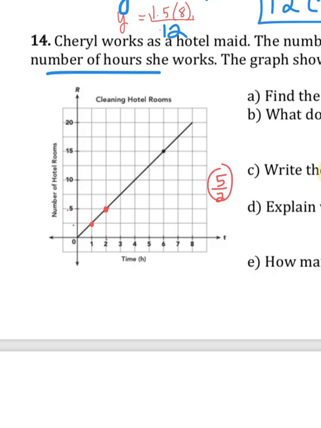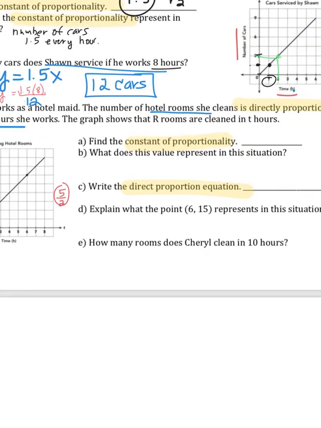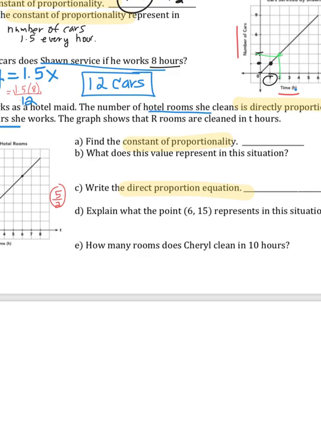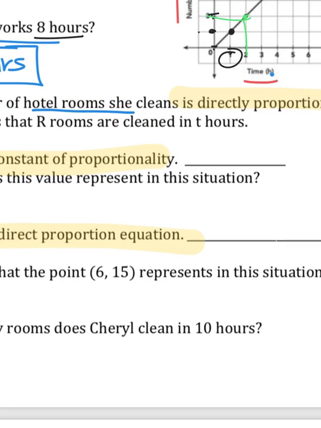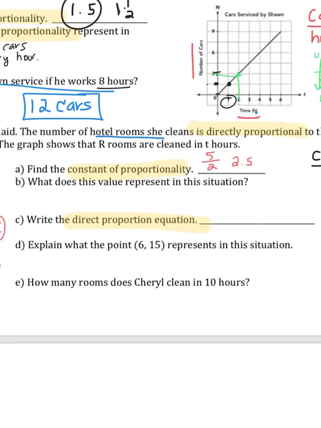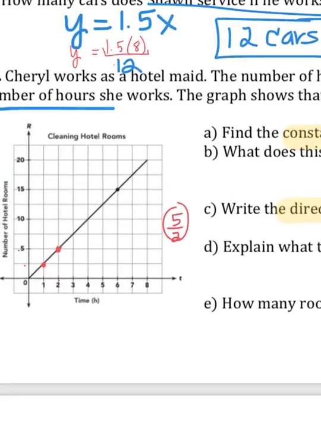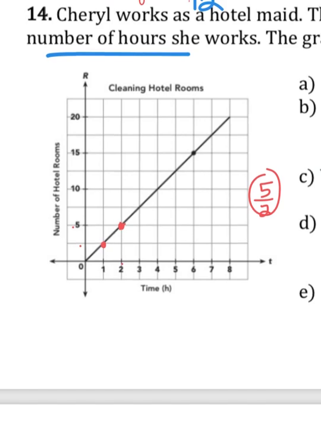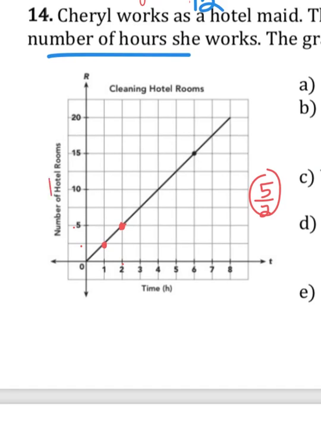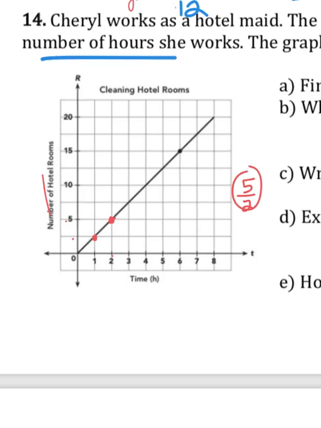So what would be the constant here? 5 over 2. You can leave that as a fraction, or I can turn it to a decimal, which would be 2.5. Okay, what does this mean? So that means that she would clean 5 rooms in 2 hours.